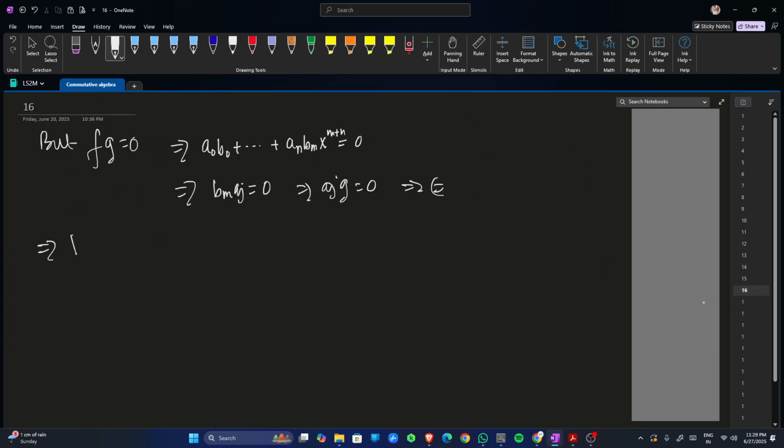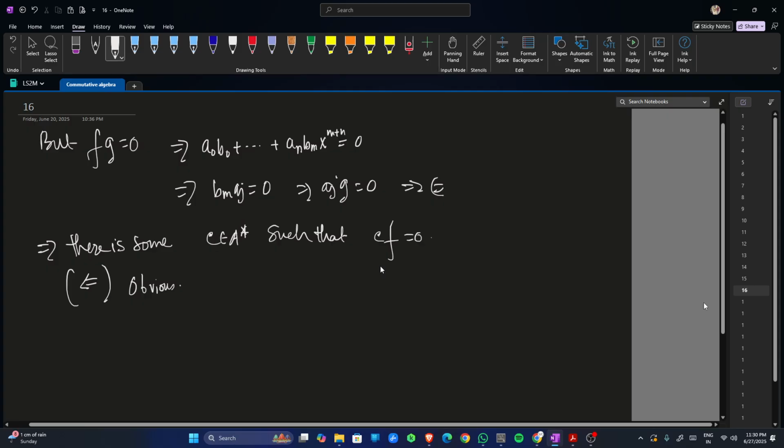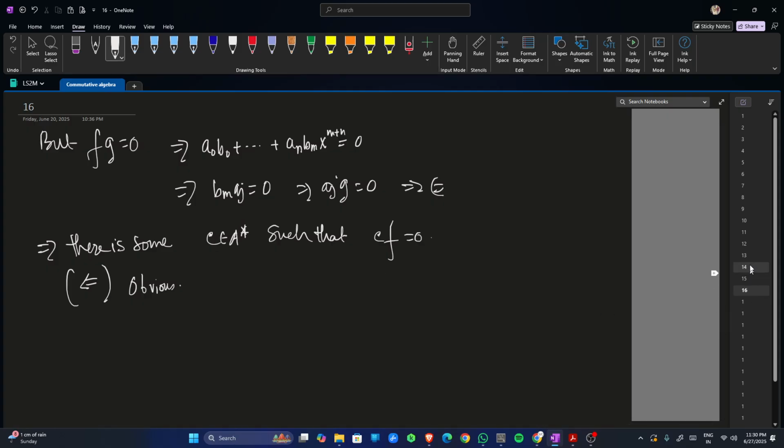This implies there is some c belongs to A star such that cf equal to 0, and we are done. For the converse part, it is obvious. If cf equal to 0, then yes, of course, f is a zero divisor. So this part is done.